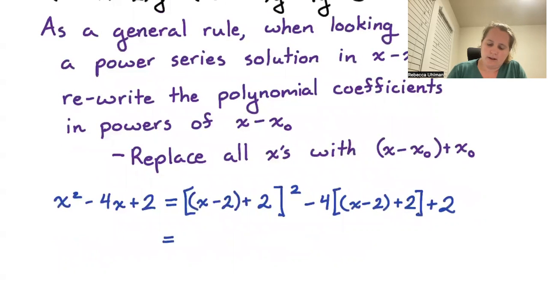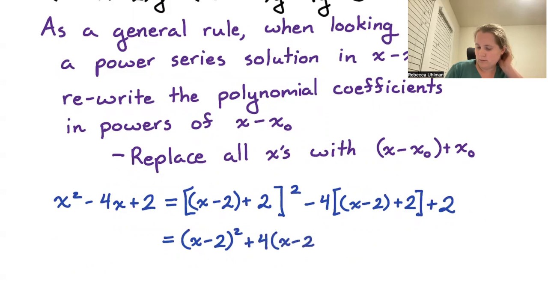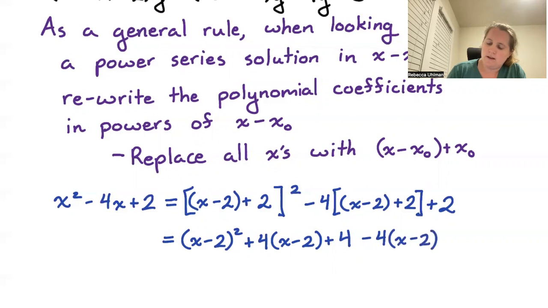So we are looking at (x minus 2) squared, then plus 4 times (x minus 2) plus 4. That next piece becomes minus 4 times (x minus 2) and minus 8. And then we have plus 2.